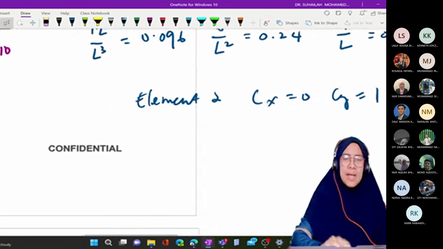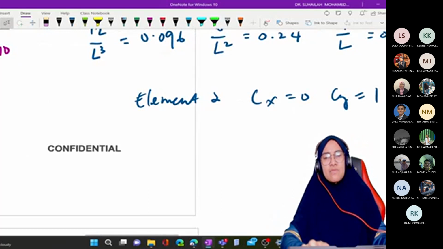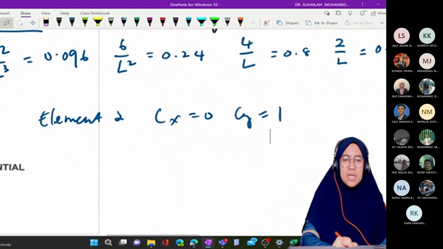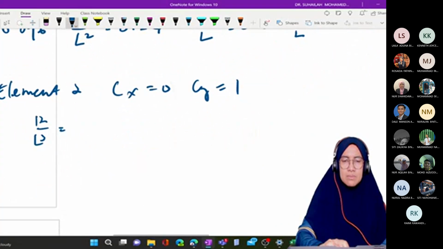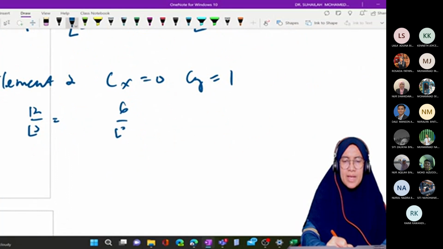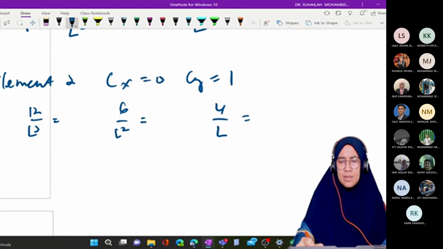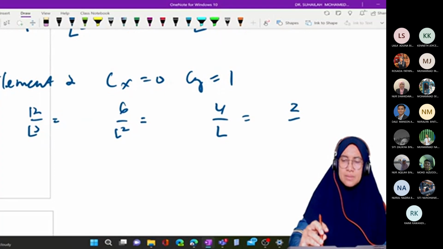Okay, so the length is 4. So it is 12 over L cube, 6 over L square, 4 over L, and 2 over L.